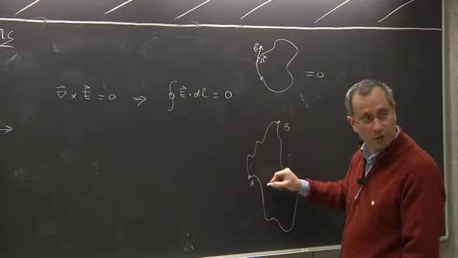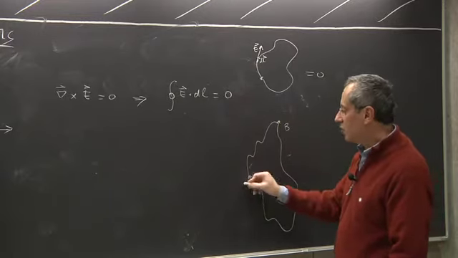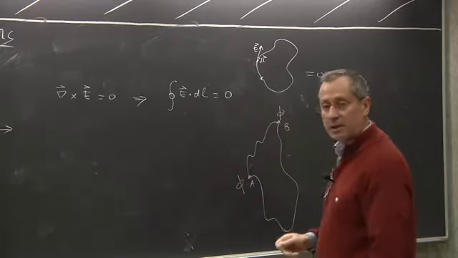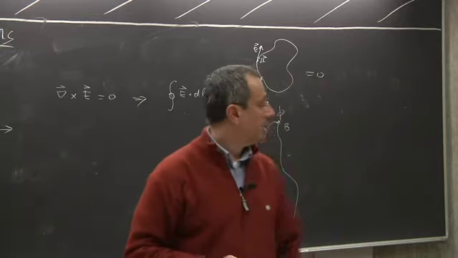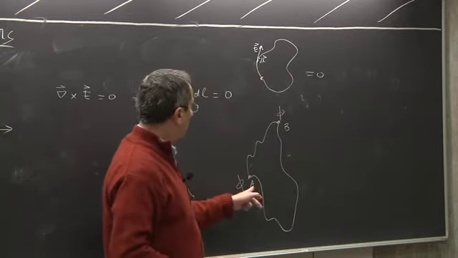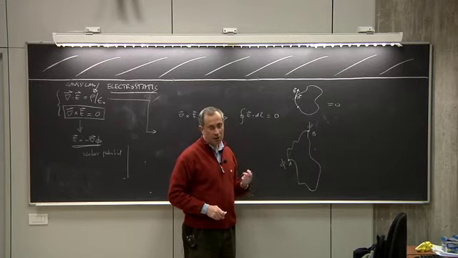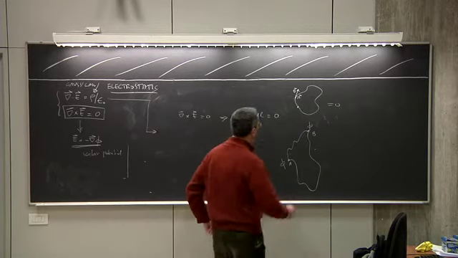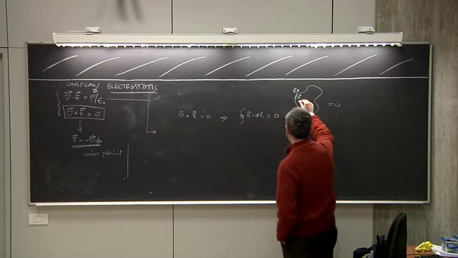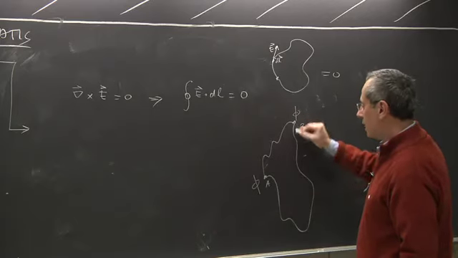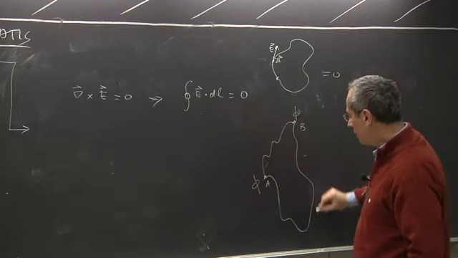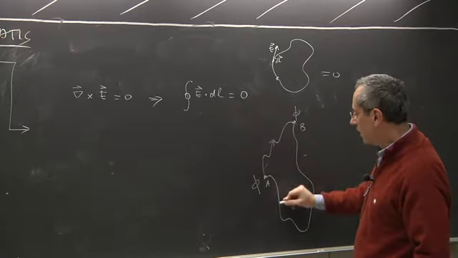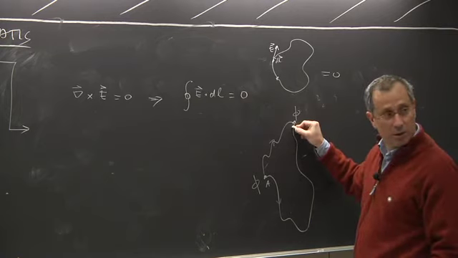This was the property of the potential. If I tell you the potential here is phi A and here is phi B, then the work is just the difference, and I don't have to tell you how I go from A to B. This is the real physical property of a potential, and it is useful exactly for this. Since the integral all around the loop gives 0, you can go this way or this way and get the same.